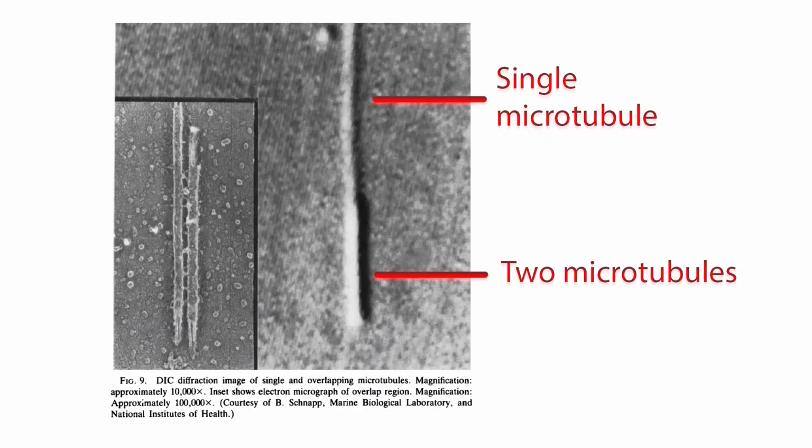Back in the 1980s, Inoue used video enhancement of DIC and also video enhancement of crossed polar methods. He demonstrated imaging of isolated microtubules that were only 20 nanometers wide. The general issue there is not so much the limit of line width detection, but rather the practical contrast.